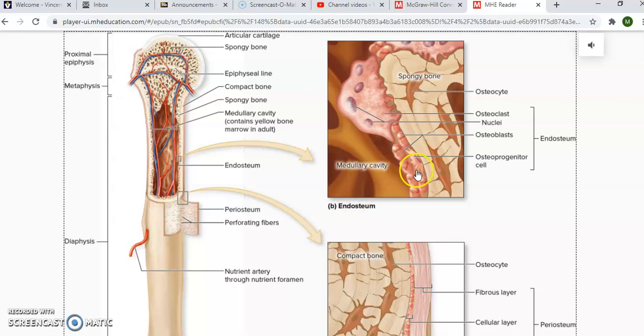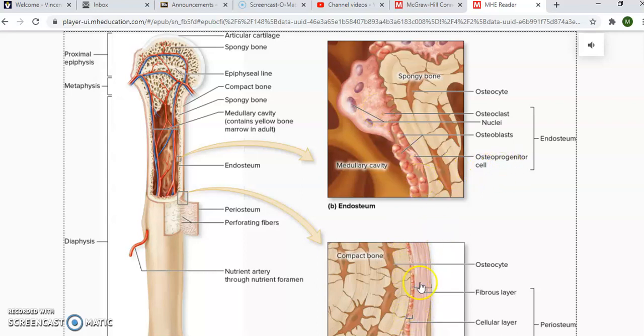In this case, we're looking at the endosteum. That's the layer lining the inside of the medullary cavity. We're not looking at the periosteum, but realize the periosteum would also have these cells that we're going to talk about.